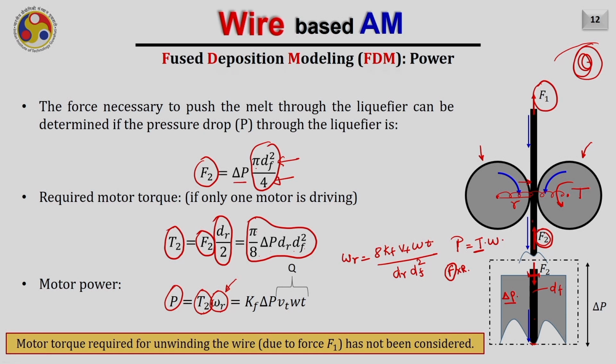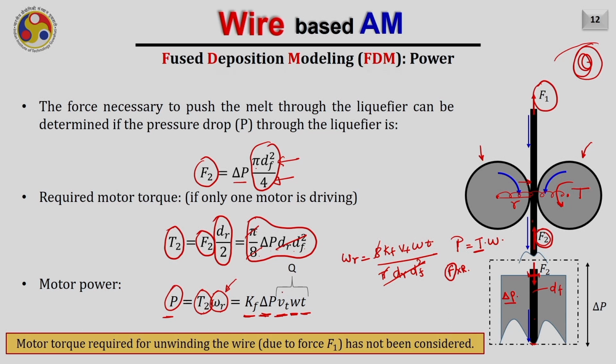As dr and dF square will cancel out, and this 8 will also cancel out, and there is a pi here which will also cancel out, you will have the final value for power equal to kf delta P Vt into Wt.